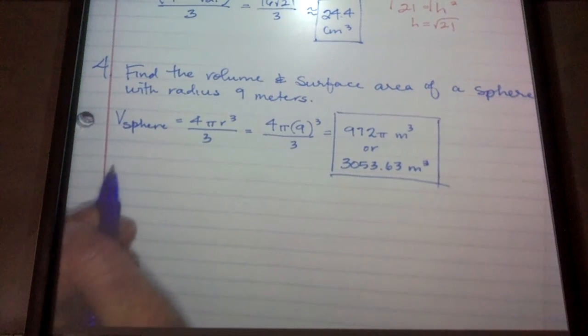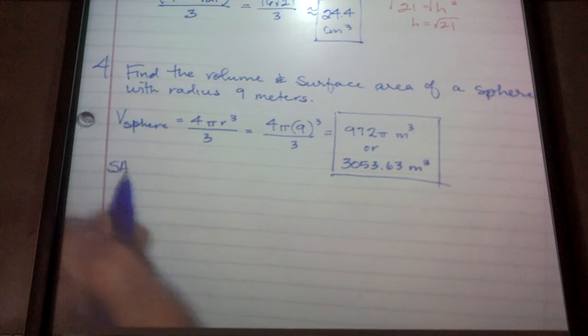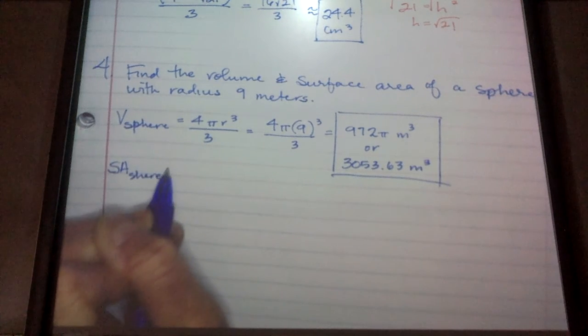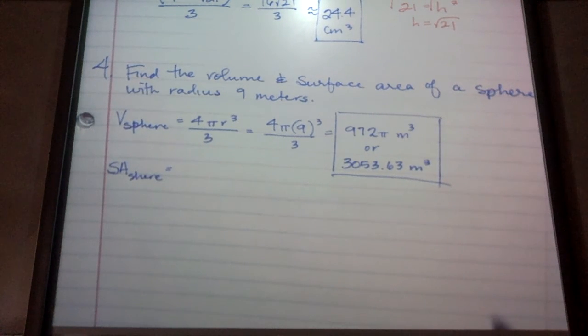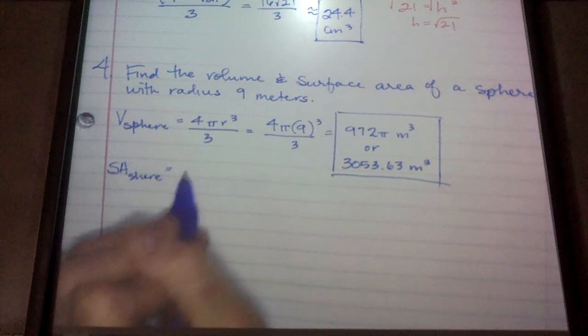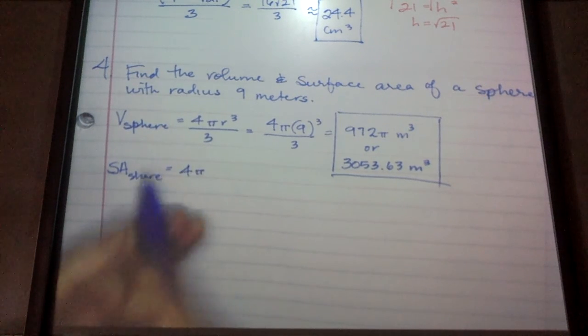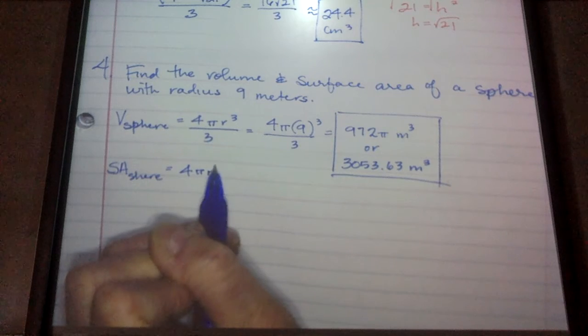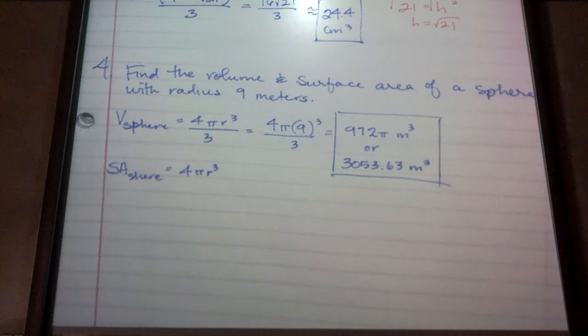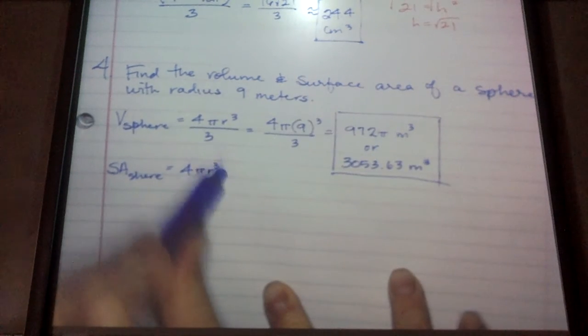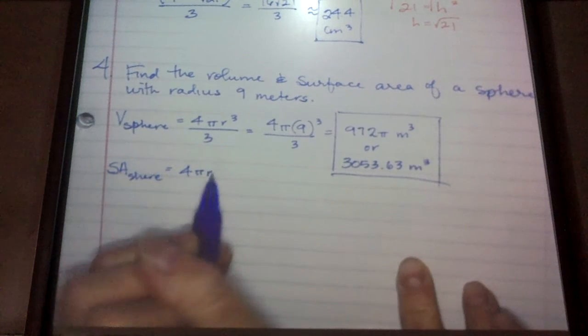All right, so surface area of a sphere, that equation is 4 pi times radius squared.